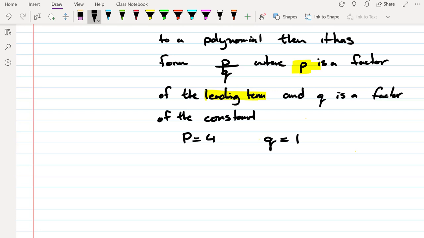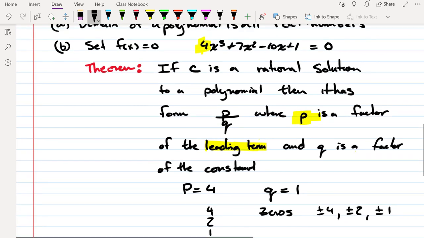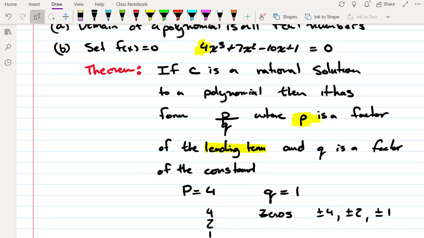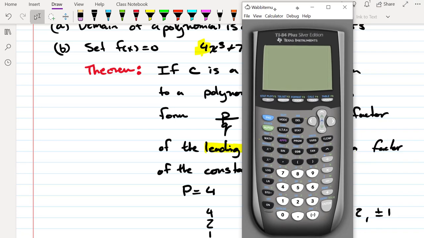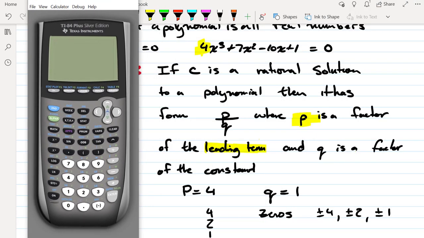Well, the only factors of 4 are 4, 2, and 1. So our only possible zeros are plus or minus 4, plus or minus 2, or plus or minus 1. And if we checked those in our original function that we have here, we would see that none of those are going to be equal to 0. So let's go ahead and just do that really quick.